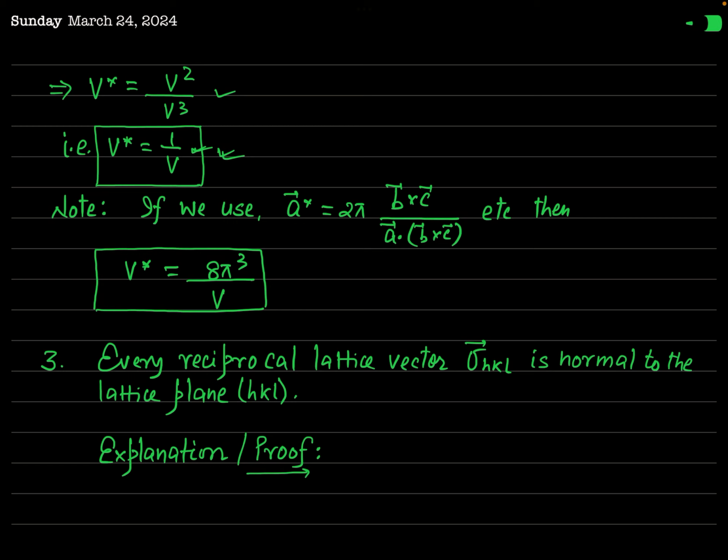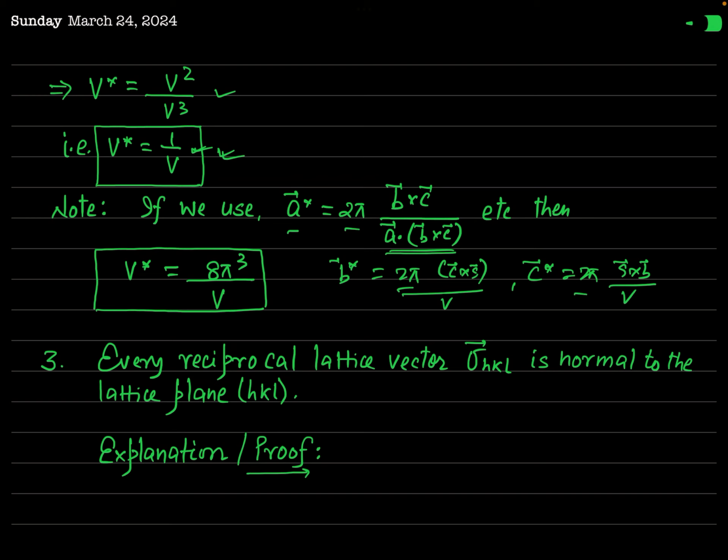But when we use the definition A star equal to 2 pi times B cross C over A dot B cross C, and similarly B star equal to 2 pi times C cross A over V, where I have written V instead of A dot B cross C, and C star equal to 2 pi times A cross B over V, then in the place of 1, there will be 8 pi cube, because 2 pi times 2 pi times 2 pi is 8 pi cube.